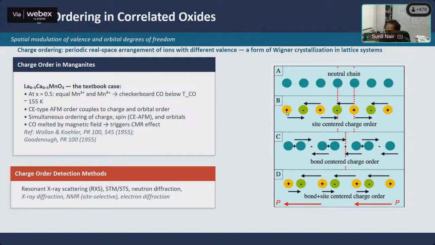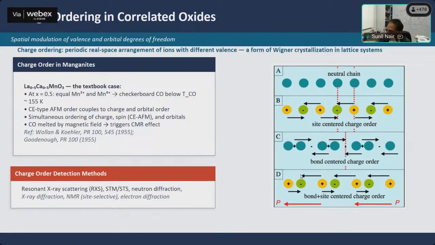The moment I put charges on this, and now consider that one of them is an Mn3+ and one of them is an Mn4+, you basically have a charge differential of one electron between the two lattice sites. Then you have, in principle, the possibility of what is known as a site-centered charge order. Basically, it's just Coulomb repulsion at play, and you have something known as dimerization. Two of these come closer to each other, so you form a double unit here, another double unit here, and so on. So this is known as a bond-centered charge order.